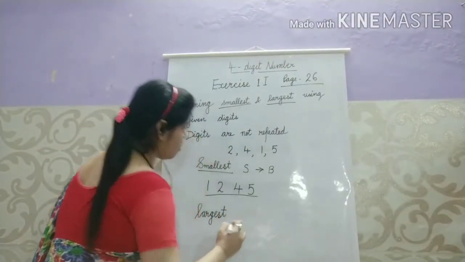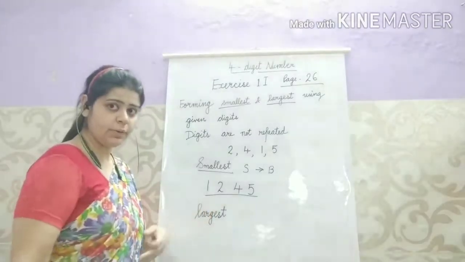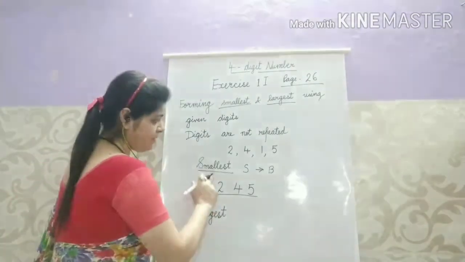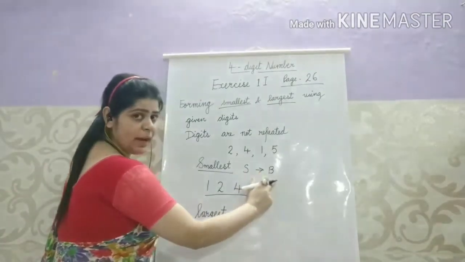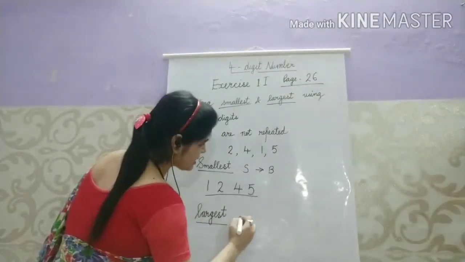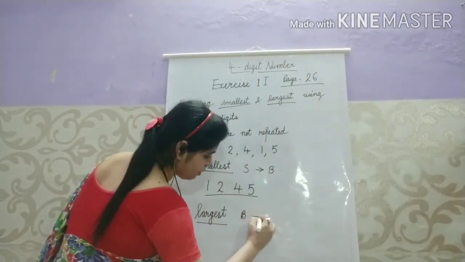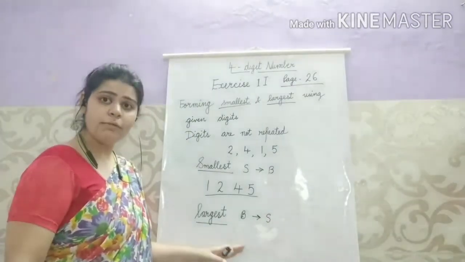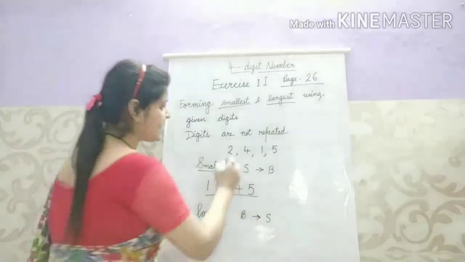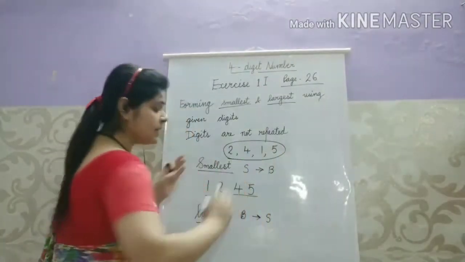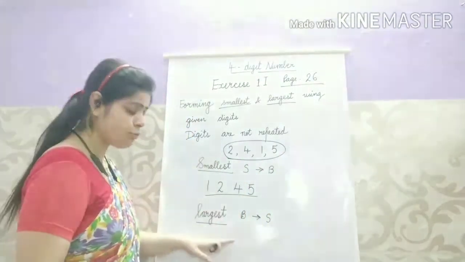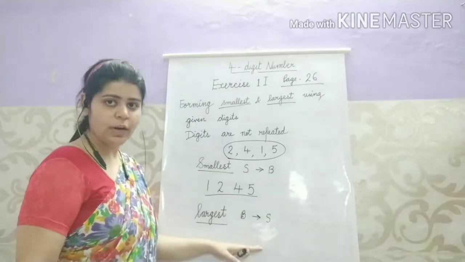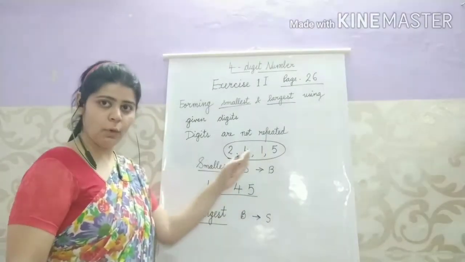Largest. In the largest, I have told you earlier also that if in the smallest it goes from small to big, then in the largest it goes from big to small. So, now what we will do? We will take the same numbers to form a largest 4-digit number with the help of these 4 numbers.